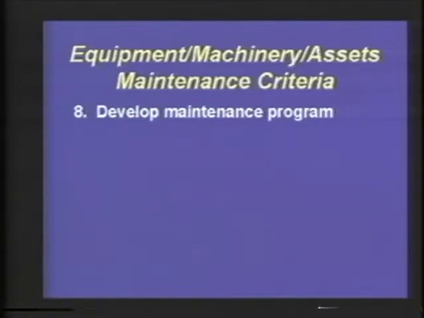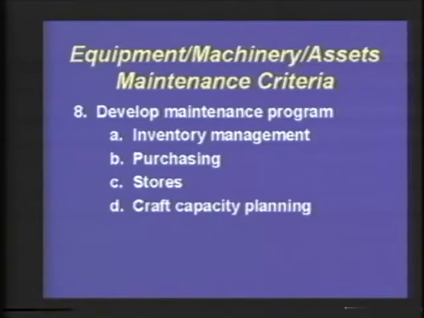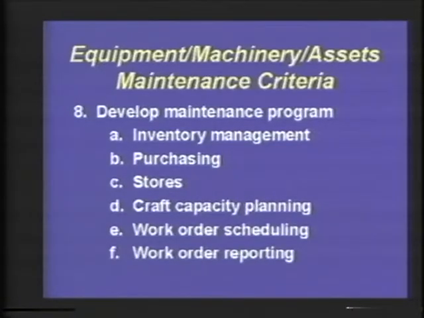8A would be the inventory management system. B is the purchasing system. C would be the stores program. D is craft capacity planning. E is the work order planning and scheduling system. And F is the work order reporting system. And last, we would have the financial analysis and reporting system.